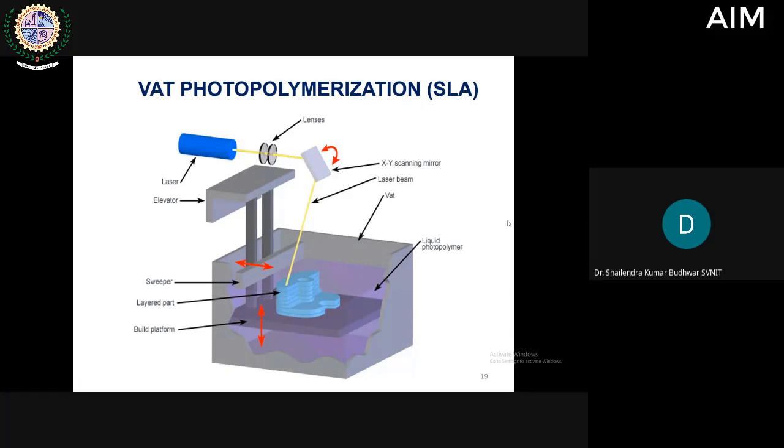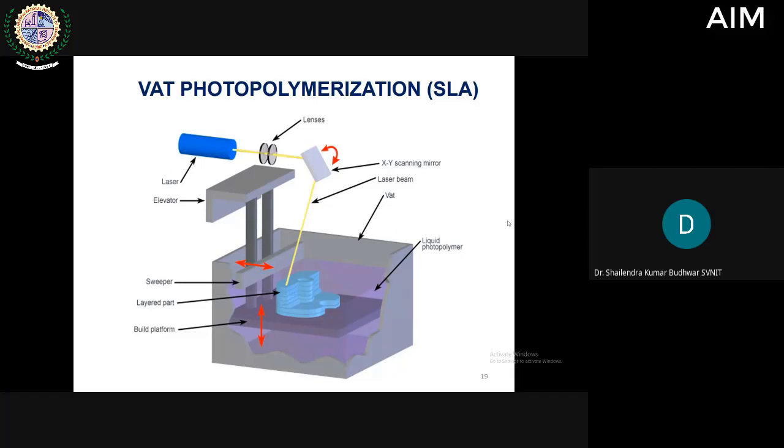Actually, the photopolymer or light activated resin is a polymer that changes its properties when exposed to light, often in the ultraviolet or visible range of the electromagnetic spectrum. These photopolymers were developed around the 1960s and then started to be used in coating and printing industries.